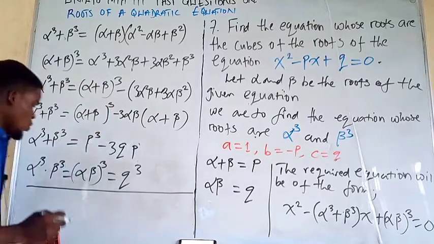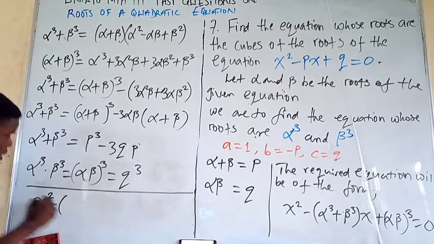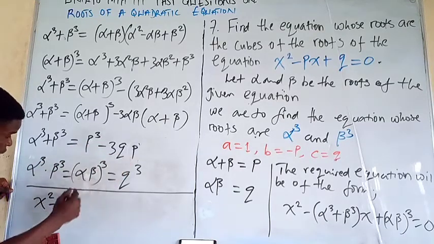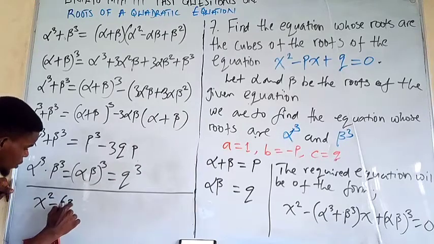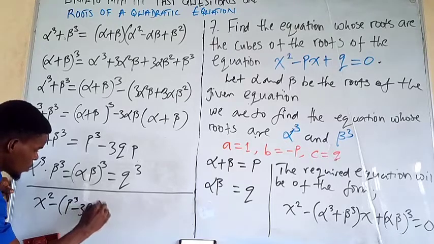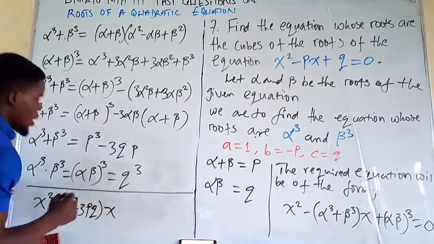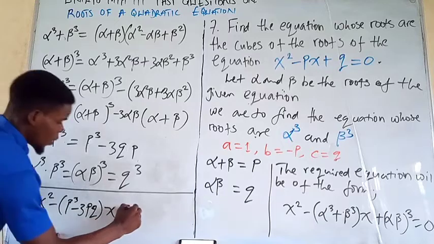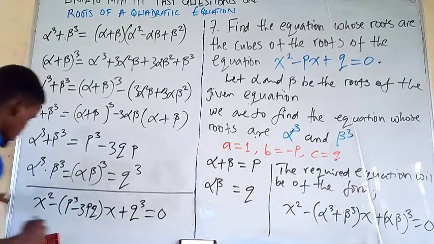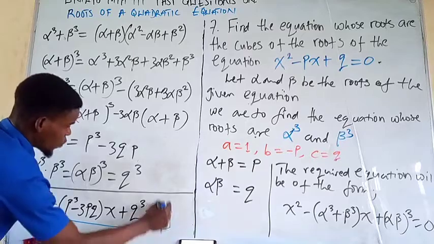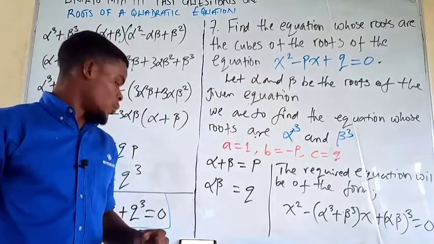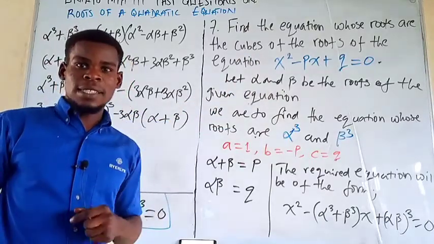So we have x squared minus the sum, P cubed minus 3PQ, times x, and again, we add their product, which is Q to the power 3, and we equate that to 0. So this is the equation we're required to solve for, whose roots are the cubes of the roots of the given equation. Okay, that is very nice, and that is what you get.